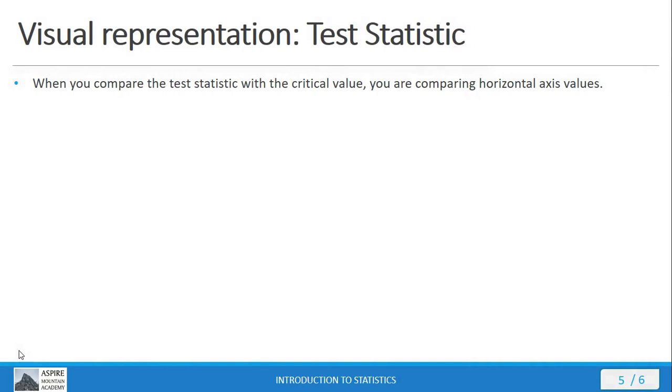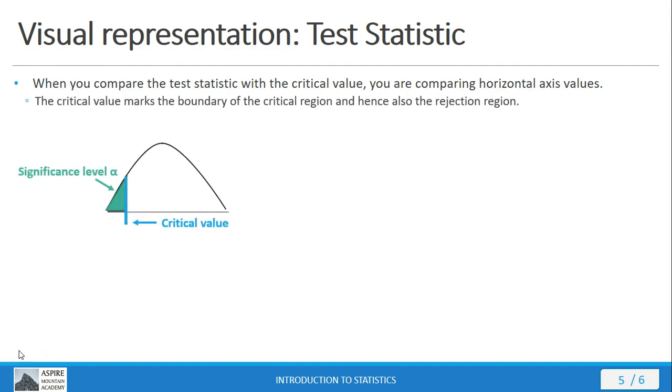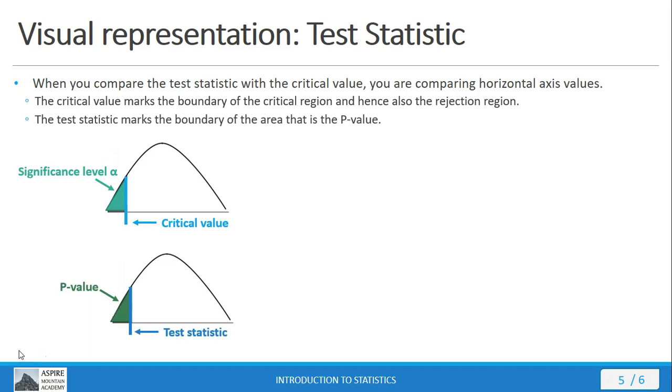Likewise, we can have a visual representation for our test statistic. We use our test statistic and compare it with the critical value. These are boundary values that we're comparing, values on the horizontal axis for a distribution. And we're comparing the one with the other. The critical value, remember, is the boundary for the significance level area alpha, and the test statistic is the boundary for the area that is the p-value.